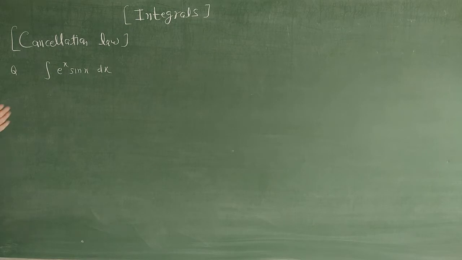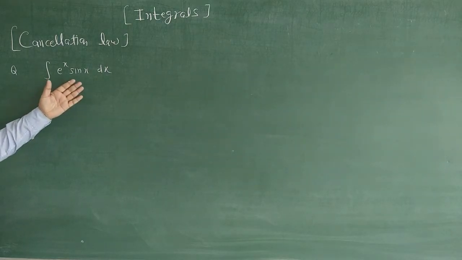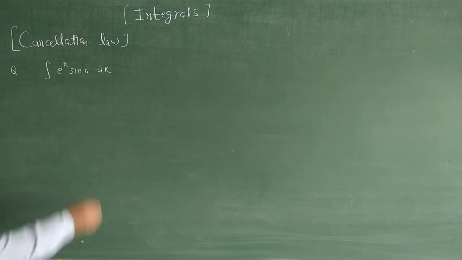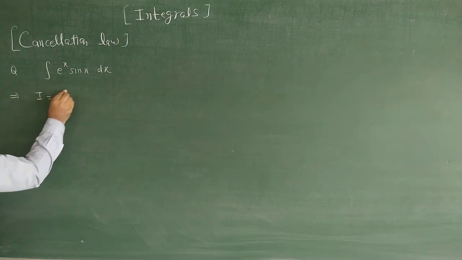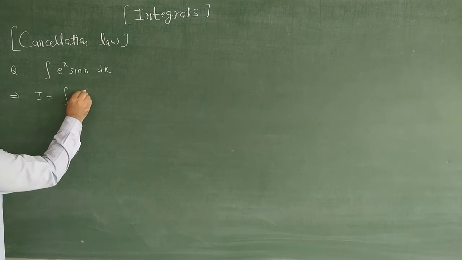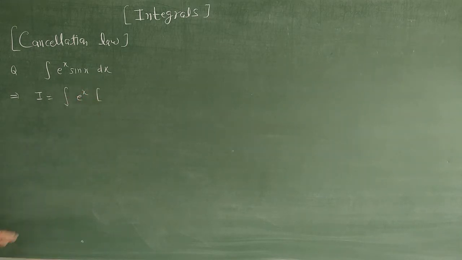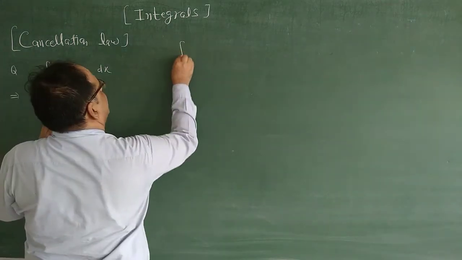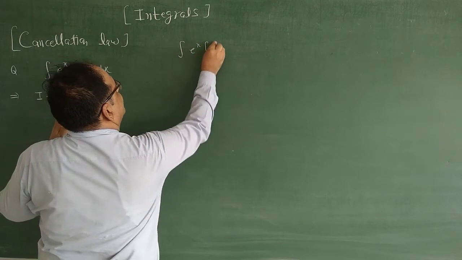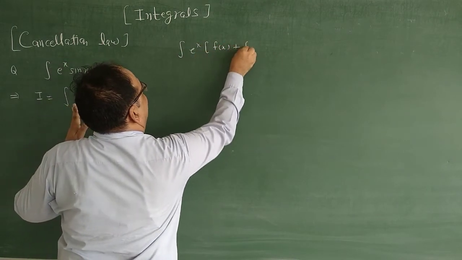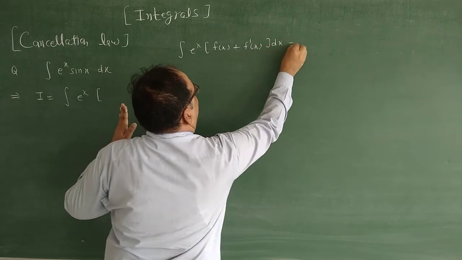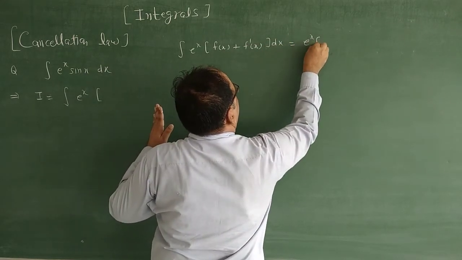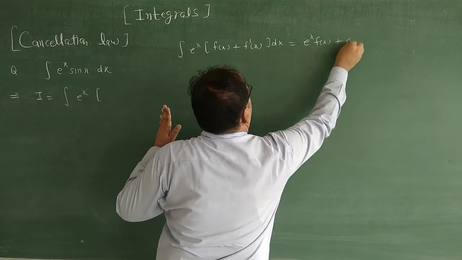Now, how can we solve this question using the cancellation law? I equals the integral of e to the power x sin x dx. We know that the cancellation law format is the integral of e to the power x times f x plus f dash x dx equals e to the power x f x plus c.